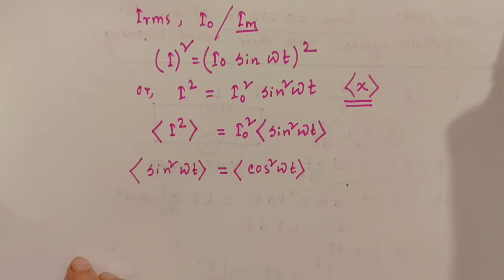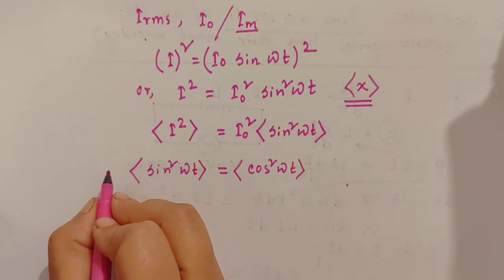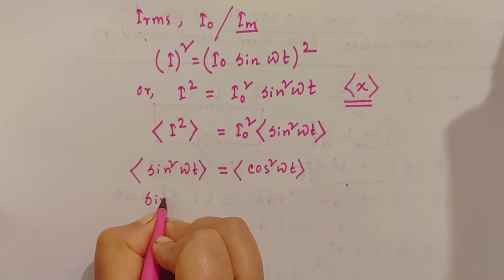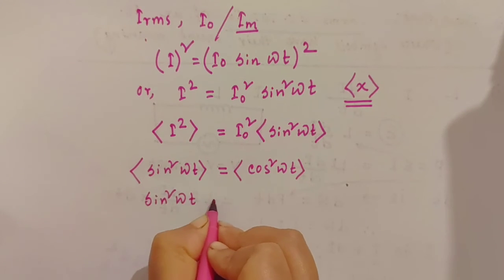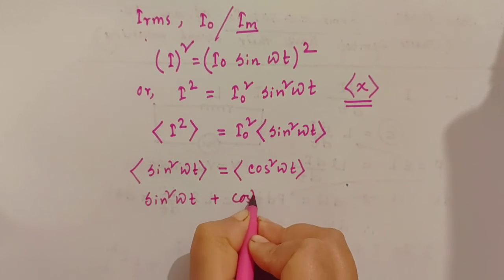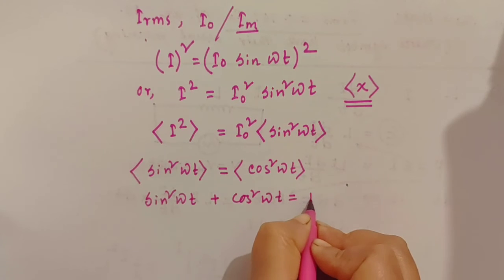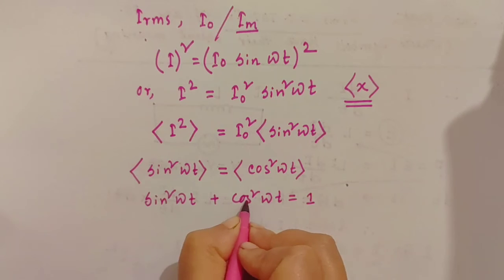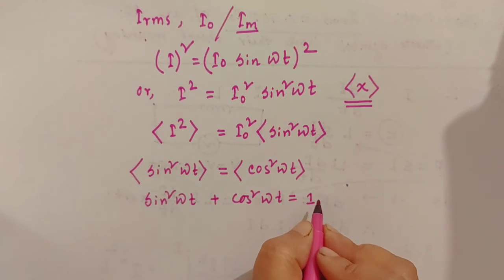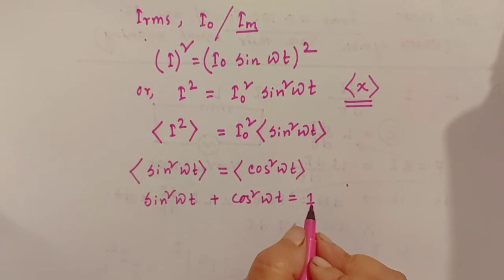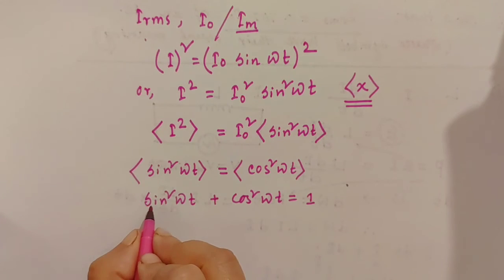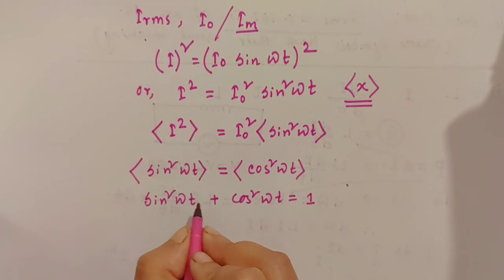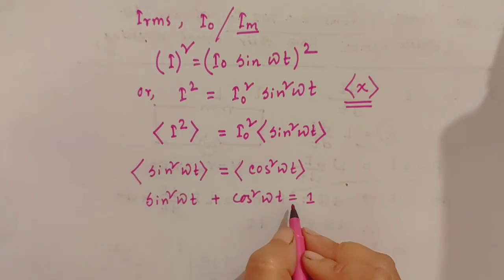Now using the trigonometric identity, sine square theta plus cos square theta is equal to 1. Here theta means omega t.